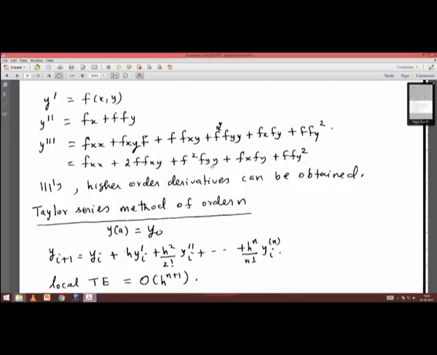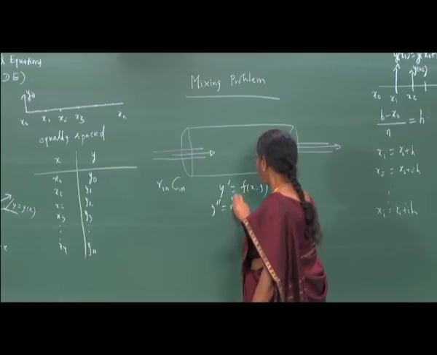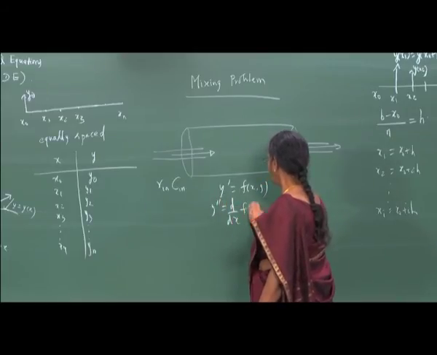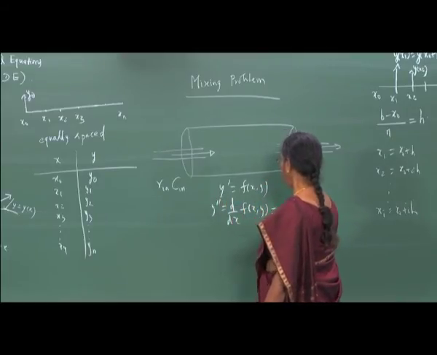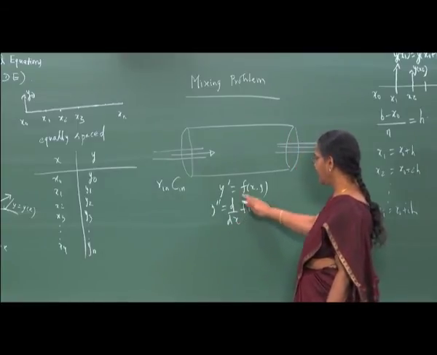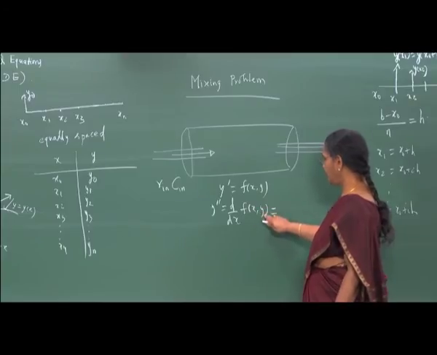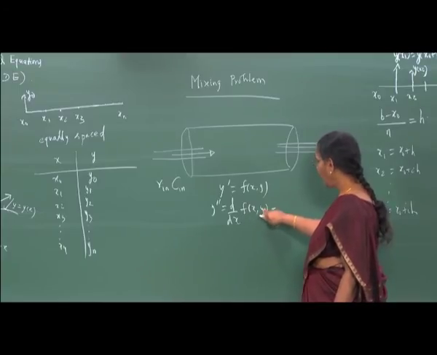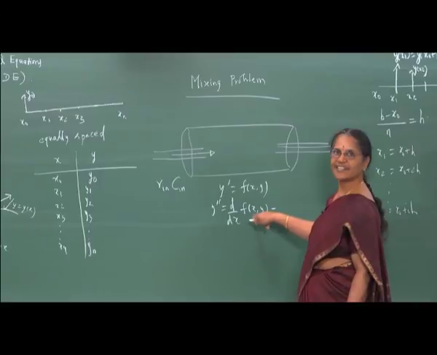So, y' is f(x, y). So, I require y'', which is d/dx of f(x, y). What is d/dx of f(x, y)? It is d/dx of a function of two variables x and y, where y itself is a function of x.